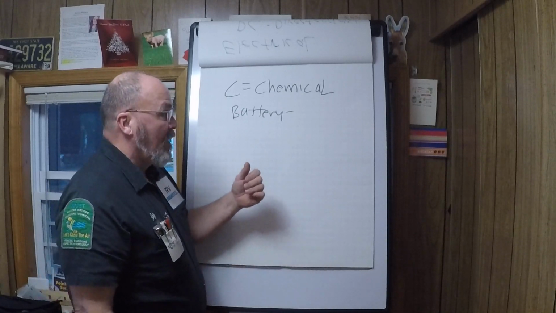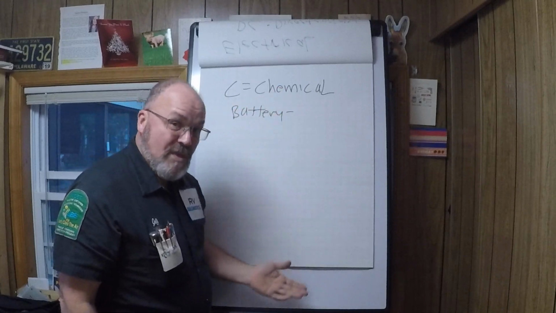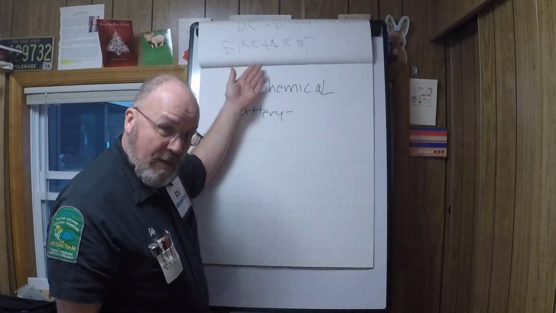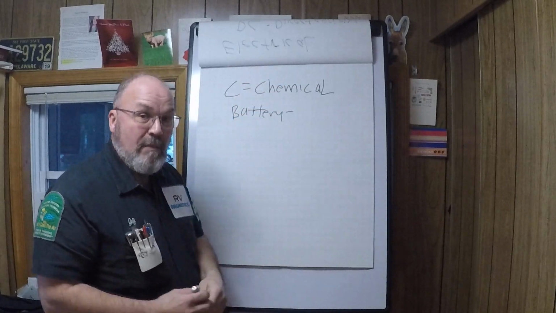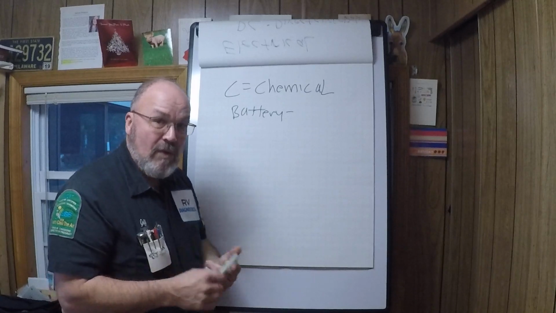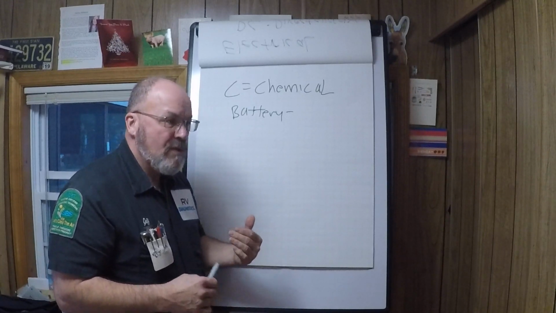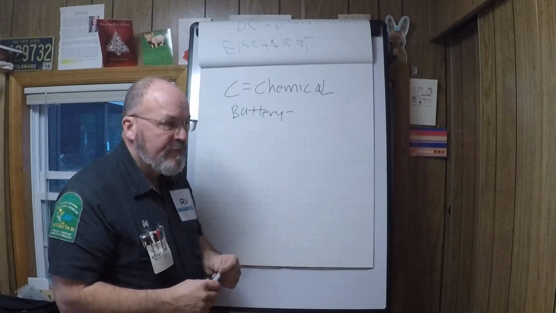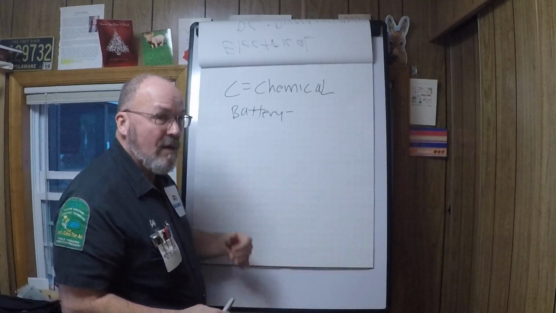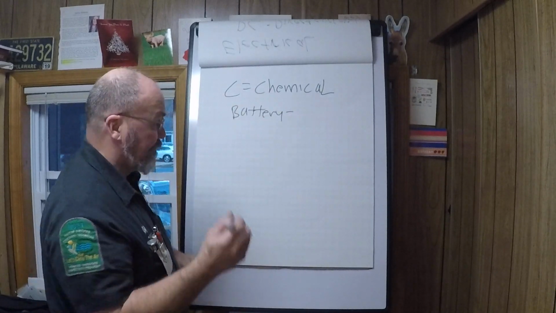We'll get to that. It has a chemical in it that produces electricity. Back to the word E. It mainly makes DC for starting your motors, your lights, LED lights, starting your engine, gas or diesel, your slides. We're going to go back to that, but remember, C is for chemical.